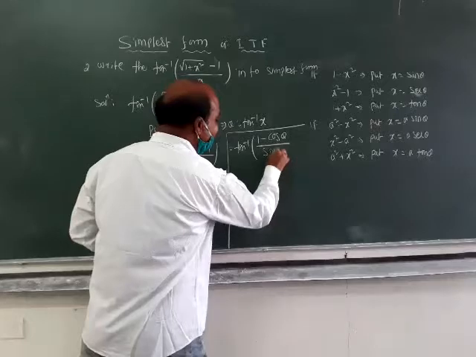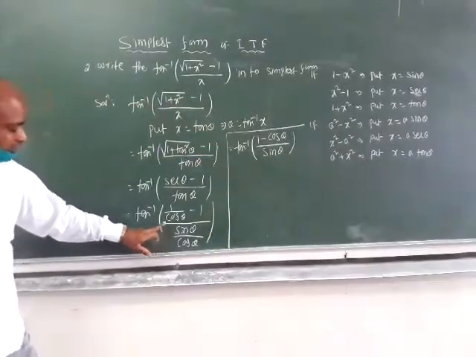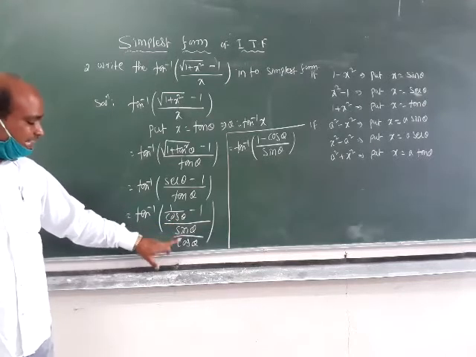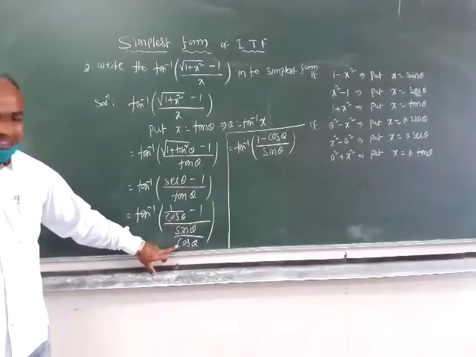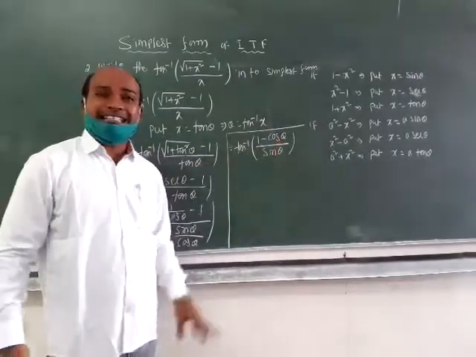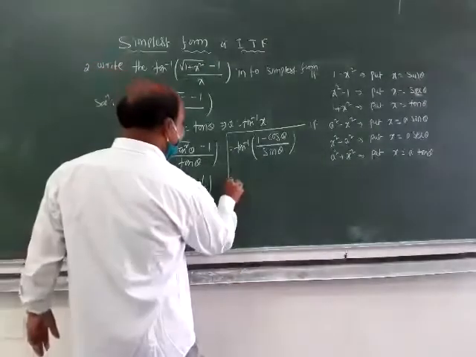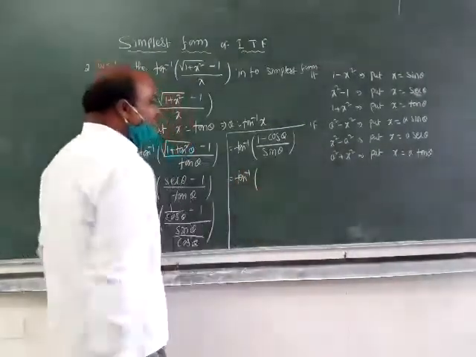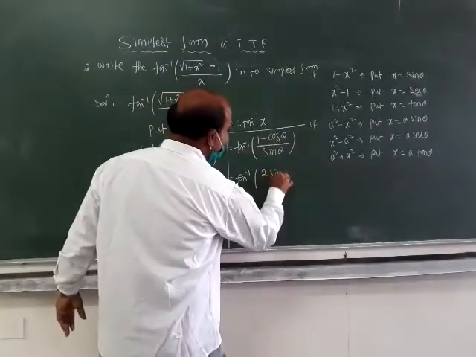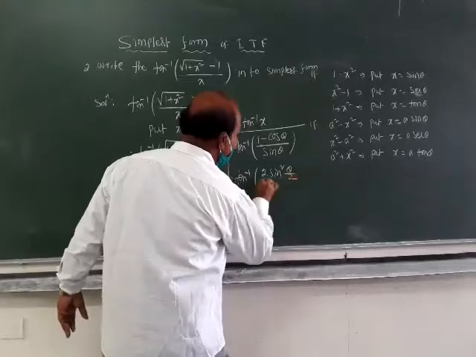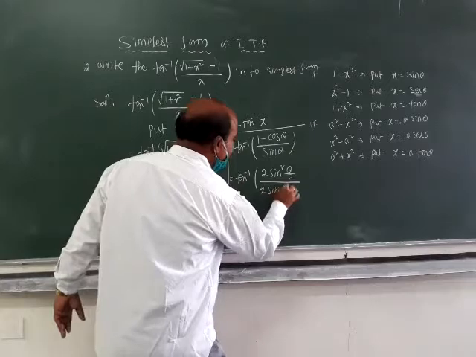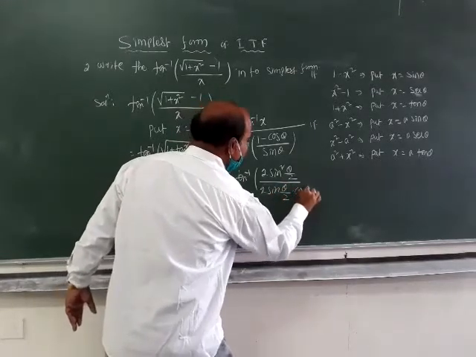Do you know why it is? Because when you took the LCM, the LCM term stays as it is, and the denominator term is also the same, so it is eliminated. So by the LCM procedure you got 1 minus cos theta by sin theta. Then that is tan inverse of, apply the formula: 1 minus cos theta is 2 sin square theta by 2, upon sin theta, whose formula is 2 sin theta by 2 into cos theta by 2.